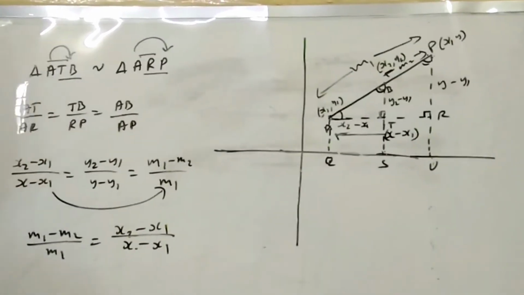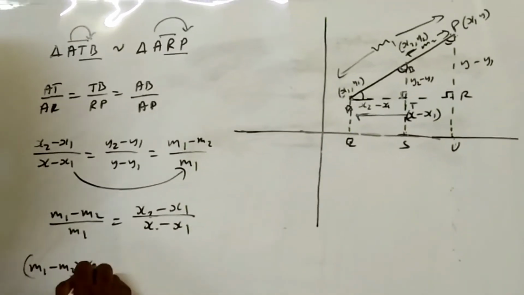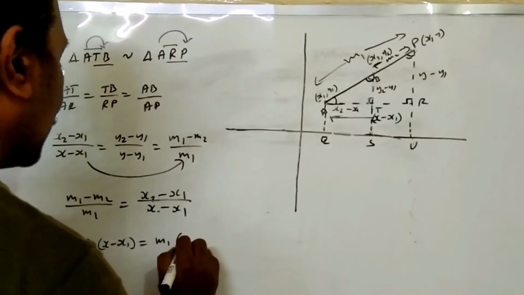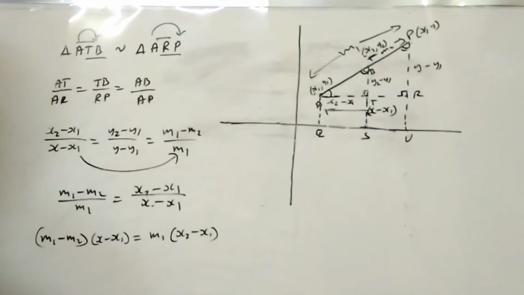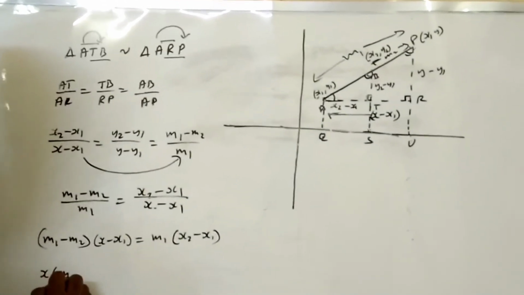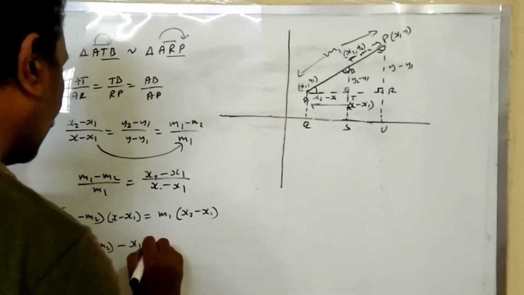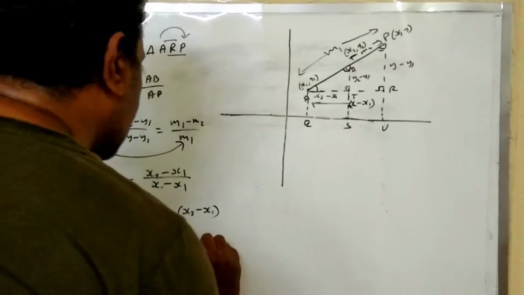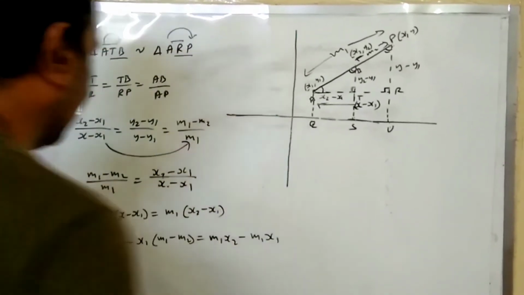Do the cross multiplication. M1 minus M2 into x minus x1 is equal to M1 into x2 minus x1. As usual, x into M1 minus M2 minus x1 into M1 minus M2 gives M1 x2 minus M1 x1.